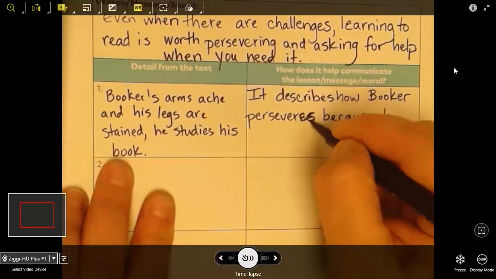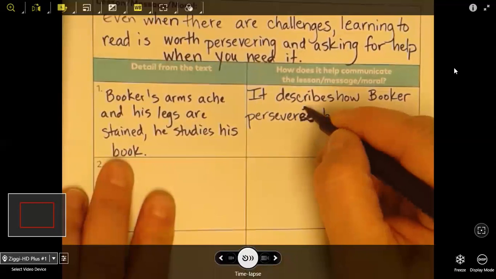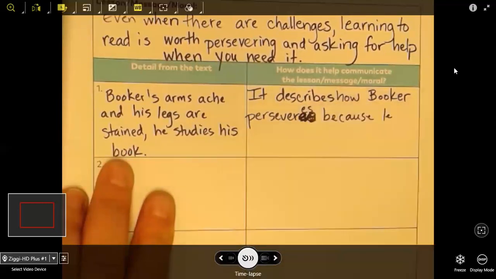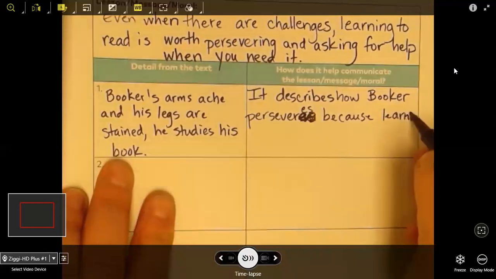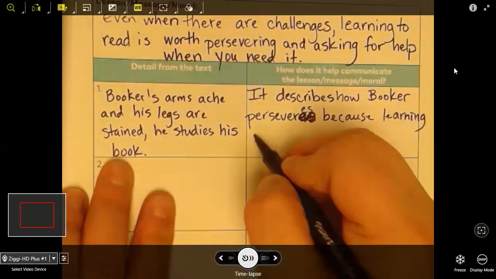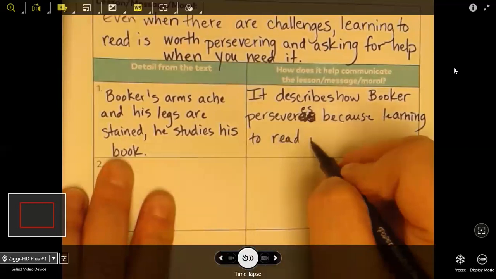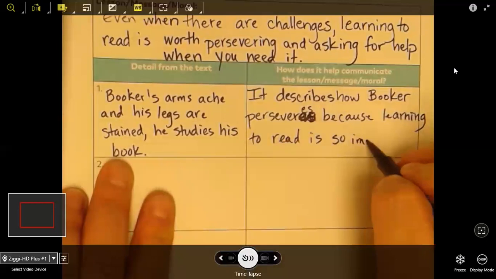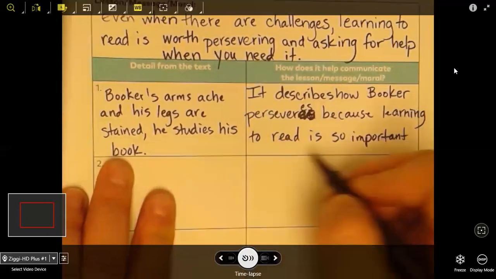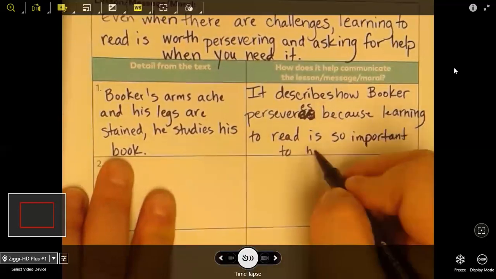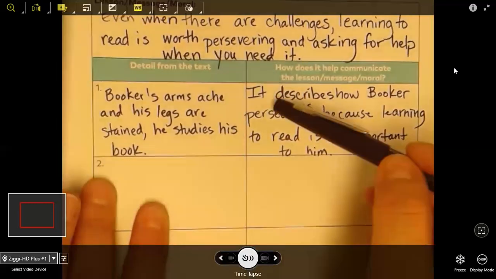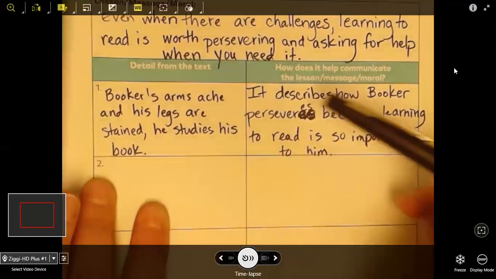I did a kid thing. That's an ES. Because... Perseveres. Sorry, I put SE. I fixed my two letters.